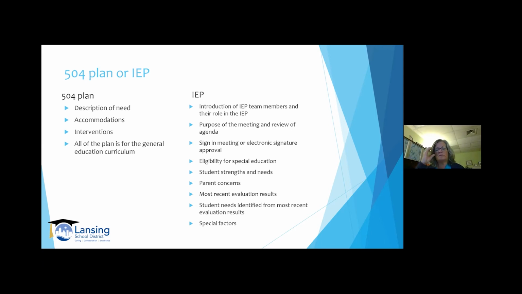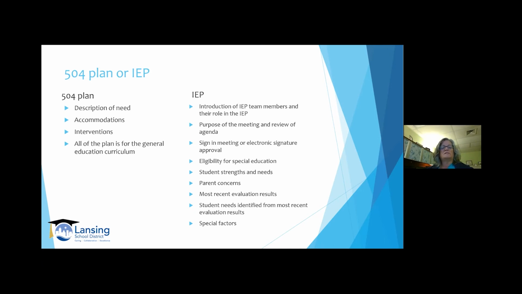However, if for some reason that cannot occur, ultimately it is the district's responsibility to provide the parent with what we call an offer of a free appropriate public education, or a FAPE. And then the parent has the right to either accept that offer of a FAPE or to challenge that offer of a FAPE.